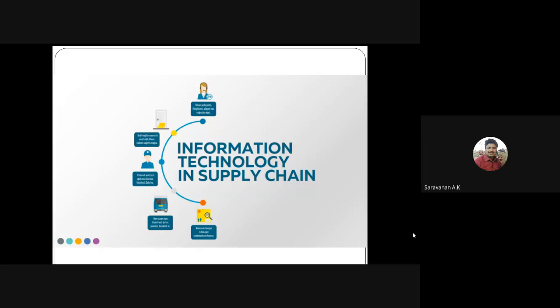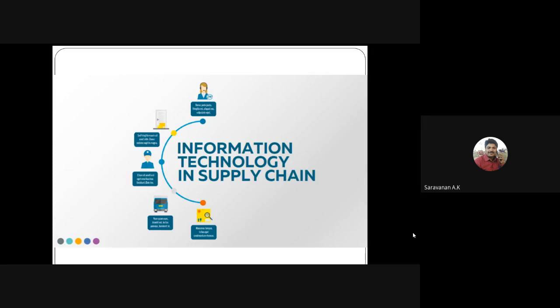The information technology enabled supply chain will provide a competitive advantage in the marketplace. IT plays a vital role in the decision making process, and it also brings beneficial cooperation and coordination within the supply chain.